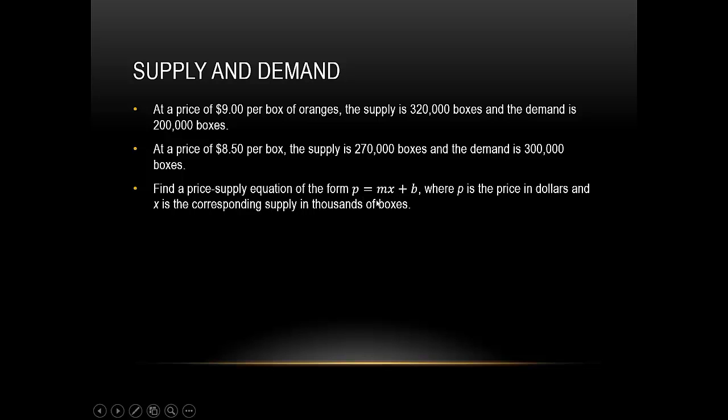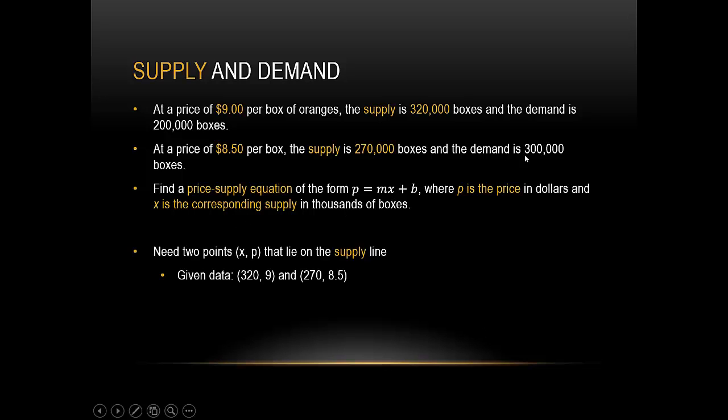Well, even though it's different letters, this is still y equals mx plus b. So I know I need to find a slope, and p is going to give me the price in dollars, where x is the thousands of boxes of oranges. So I go through and I say, what's important? What do I need? I'm going to do supply first. $9 supply, 320,000.